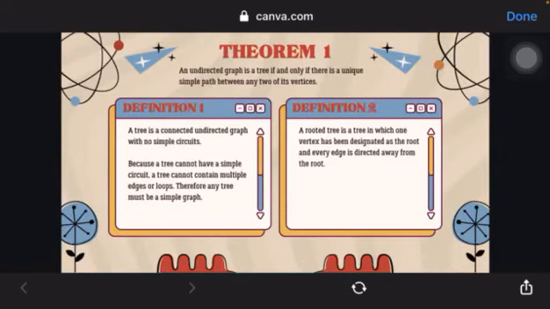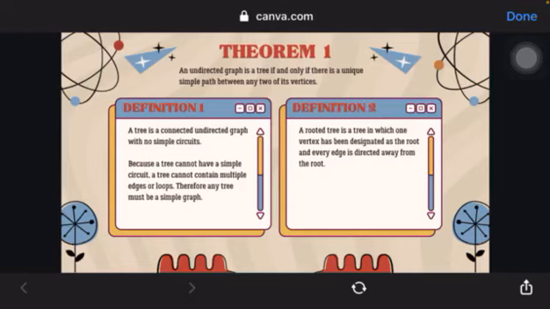So, Theorem 1: an undirected graph is a tree if and only if there is a unique simple path between any two of its vertices. For our definition, a tree is a connected undirected graph with no simple circuits. Because a tree cannot have a simple circuit, a tree cannot contain multiple edges or loops.